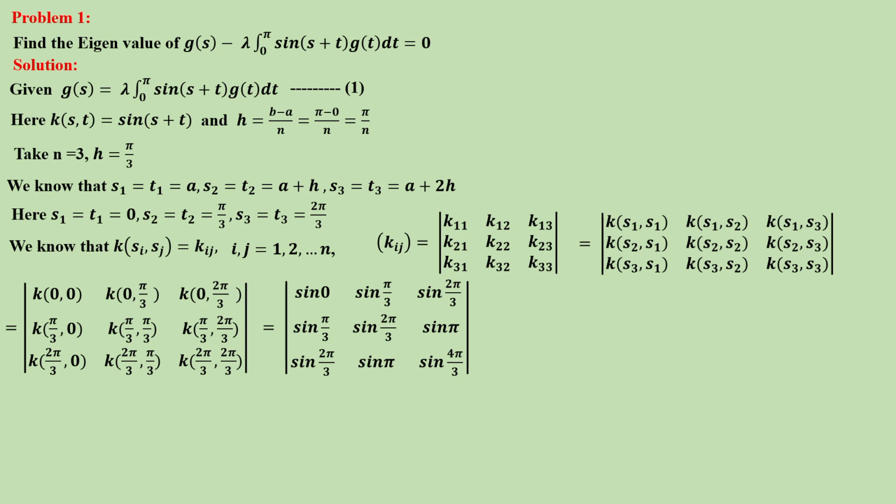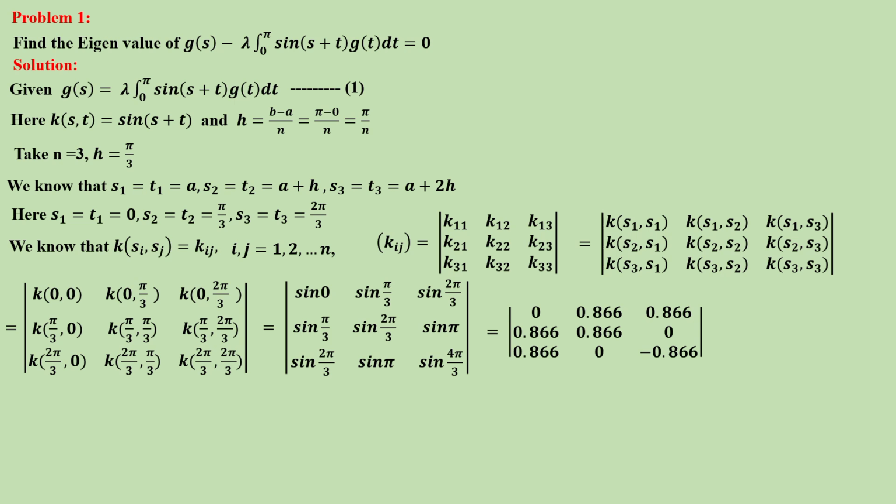Then sin 2 pi by 3, sin(2 pi by 3 plus pi by 3) that is sin pi, and sin(2 pi by 3 plus 2 pi by 3), so sin 4 pi by 3.